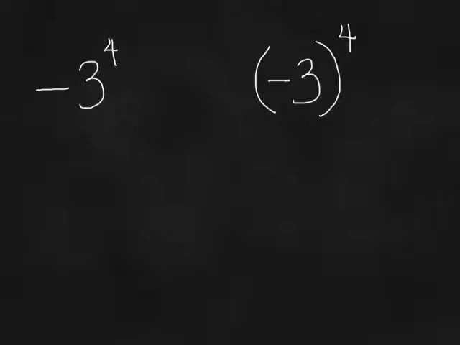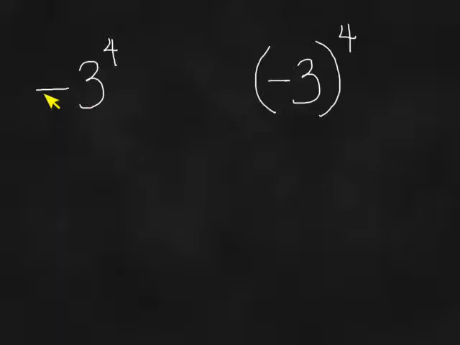You might see a problem like this, the opposite of 3 to the 4th power. This one is tricky and also different from this problem where I have my -3 inside parentheses. Your exponents will only be used to evaluate the numbers that it is directly next to.